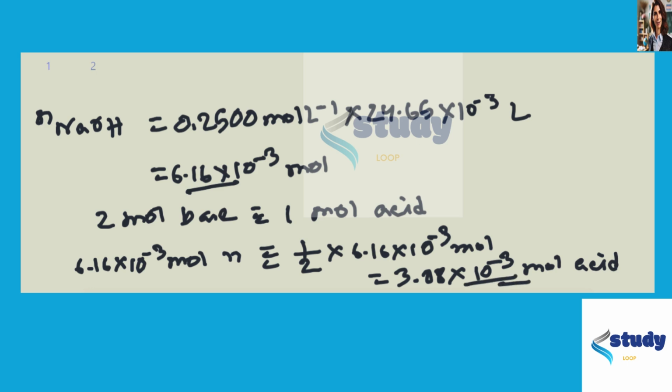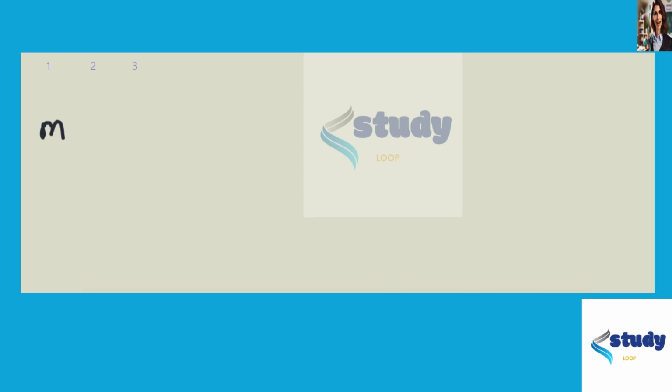Now we know the number of moles of the acid, and we are given the volume of the acid. So from there we can easily find out the molarity of the acid. So the molarity of H2C4H6O6 will be the number of moles over volume.